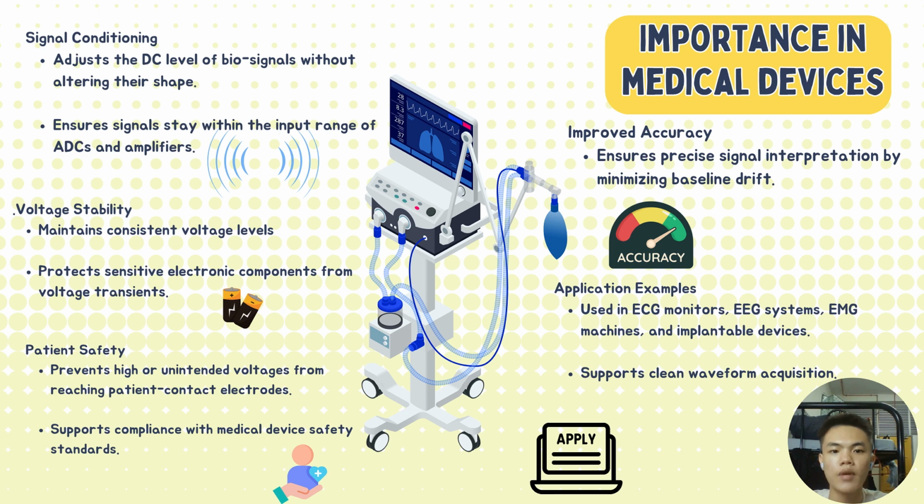Clamper circuits help in signal conditioning by adjusting the DC level of these signals, ensuring that they remain within the optimal input range of analog to digital converters or amplifiers without altering the waveform shape. This improves signal clarity and reliability, which is essential for accurate diagnostics.